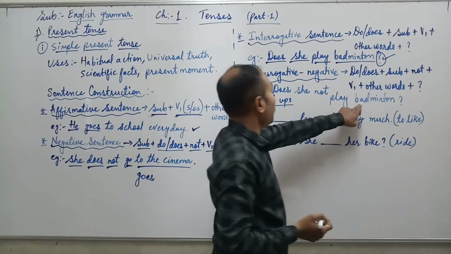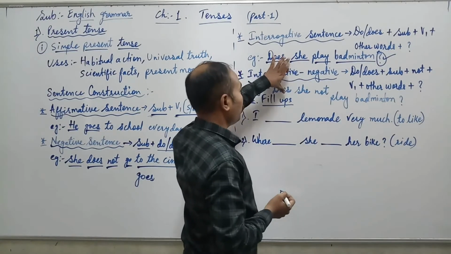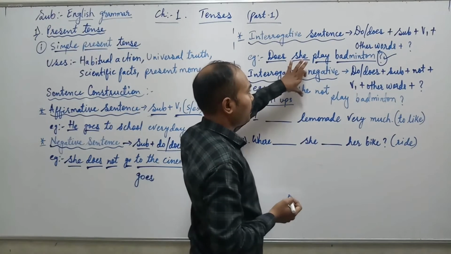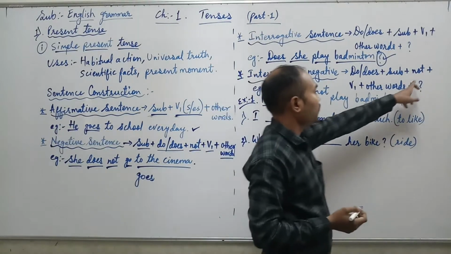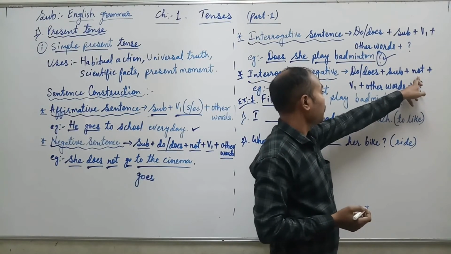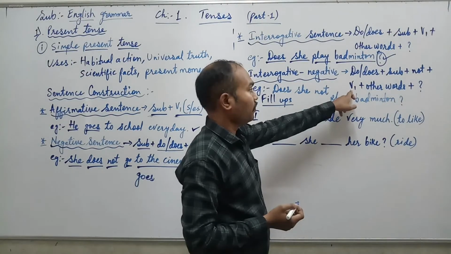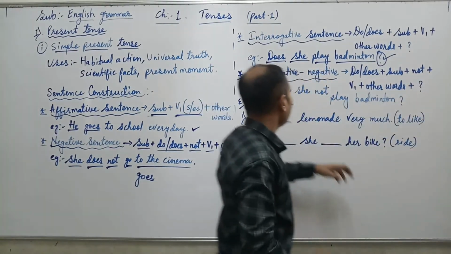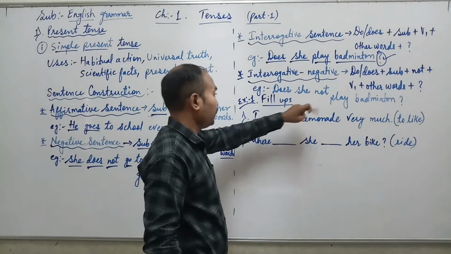Does she not play badminton? Okay, both of them are nearly the same. The only new thing is that we have to add the word not. Before the main verb we add the word not and make it interrogative negative.